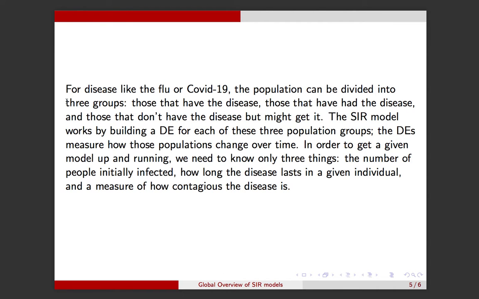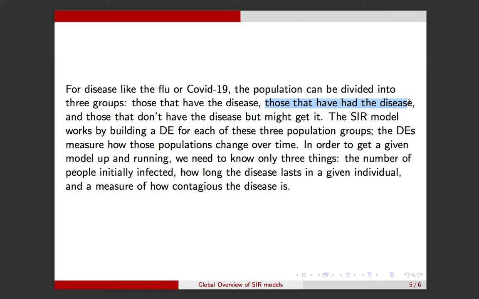For diseases like these, like the flu, the population can be divided into three groups: people that have the disease currently, those who have had it, and those who don't yet have it but might get it. Those are the three populations of interest. So people who are capable of spreading the disease right now, people that had the disease, so they have recovered, and we'll talk about this later, but recovered can actually mean multiple things.